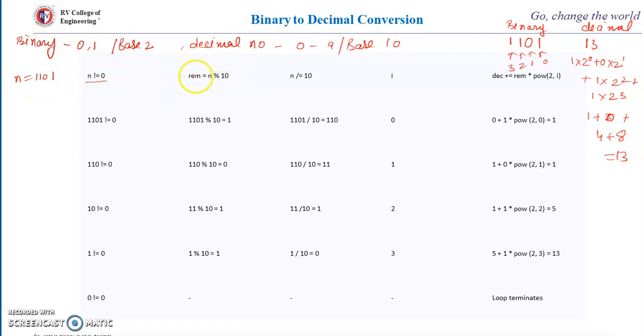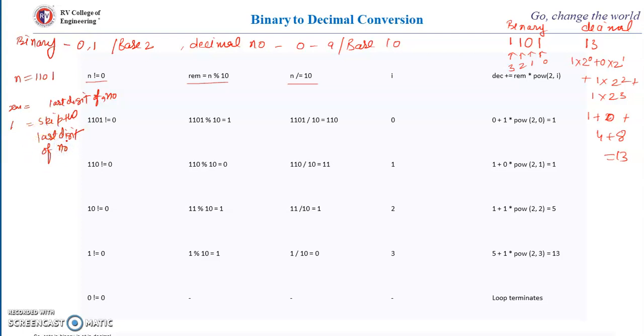Then we take the remainder, and then n is equal to n by 10. The modulus operator gives me the last digit of a number, and the division operation will skip the last digit of a number.